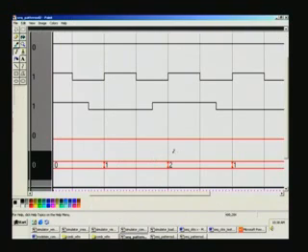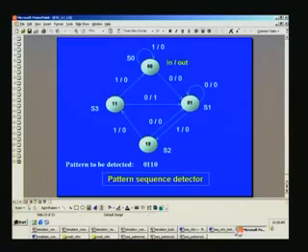Now once again we change the input here from 0, 1 to 1, right? This is what we applied from the test bench. So what happens if it is 1 in state S2? In S2, if it happens to be 1, it goes to S3.